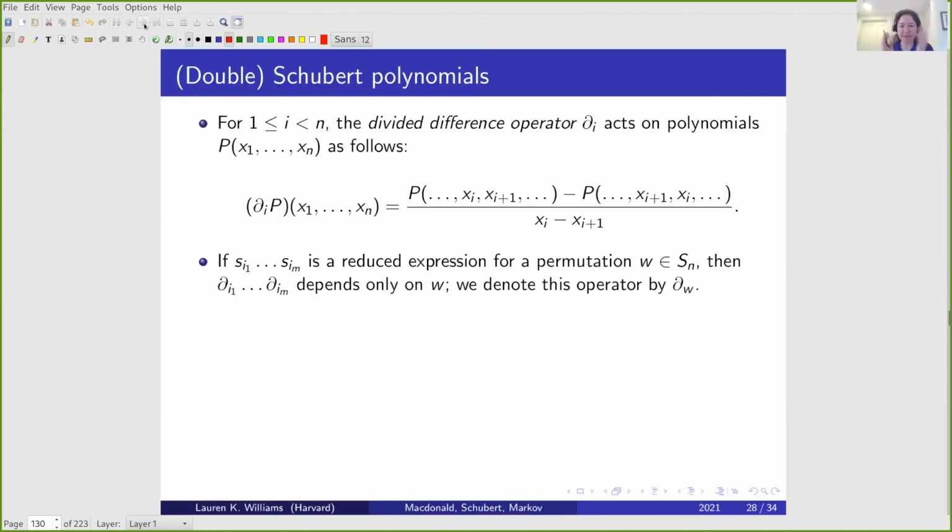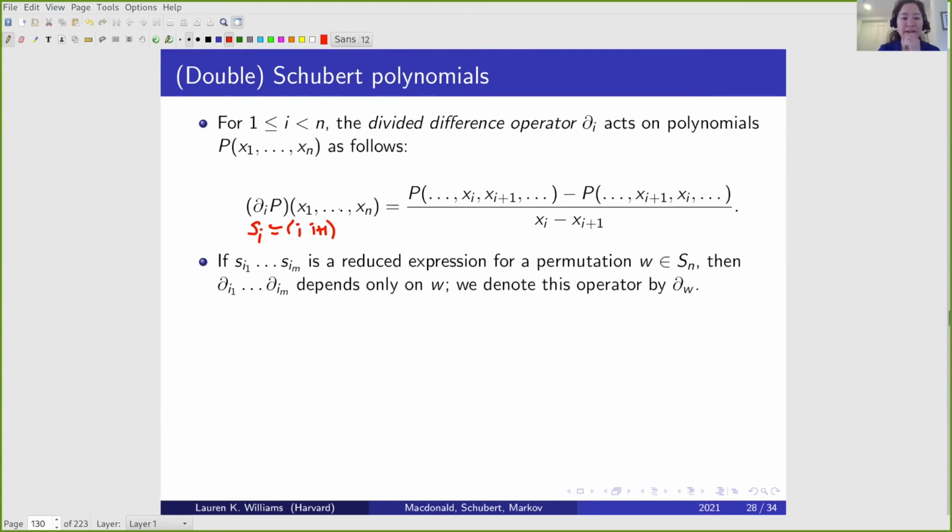Okay, so that was the divided difference operator. You might associate it to the simple reflection or simple transposition s i, which is the permutation swapping i and i plus 1.